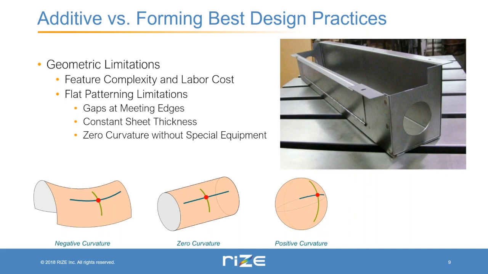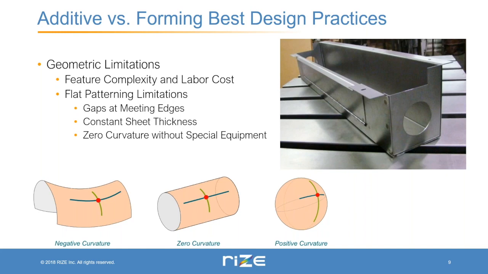Also, regarding sheet metal produced using a flat pattern, there are a few specific limitations. One of those is that once the sheet metal has been folded into shape, there will typically be gaps at the edges that are meant to meet, and those gaps can be filled with welding, and that's fine. That is one additional post-processing step that should be considered.